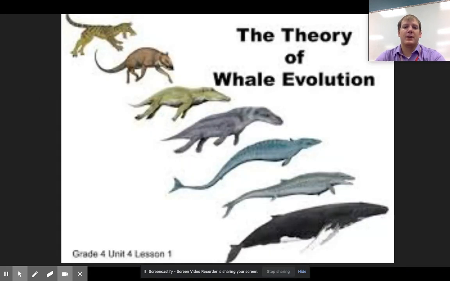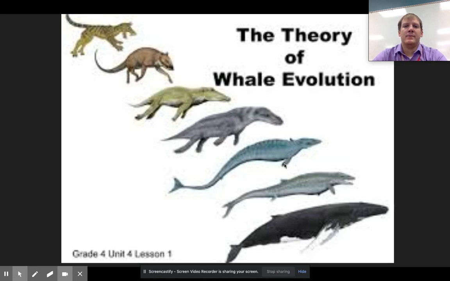Okay, so the theory of whale evolution, you can see that whales, according to this theory, started off as land mammals. Throughout their evolutionary history, they evolved or changed into these larger water-bound organisms.